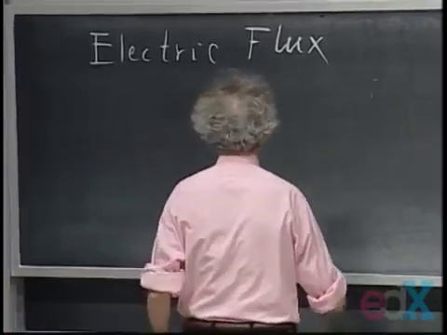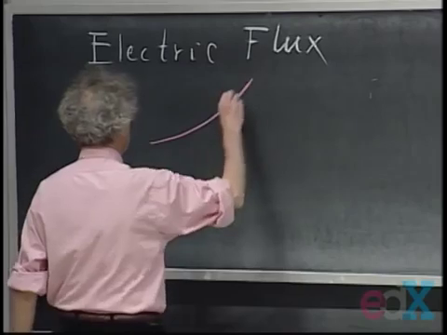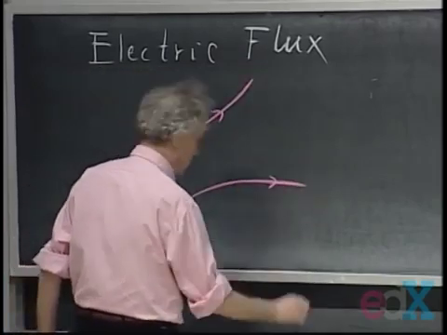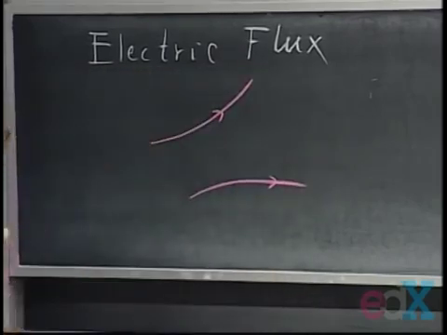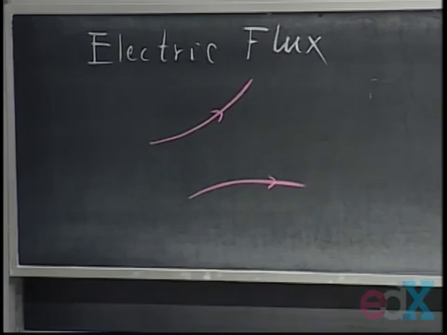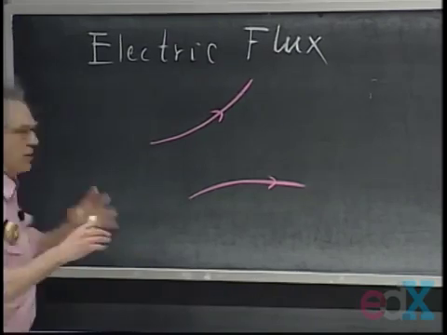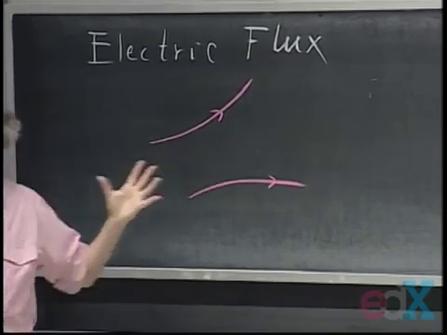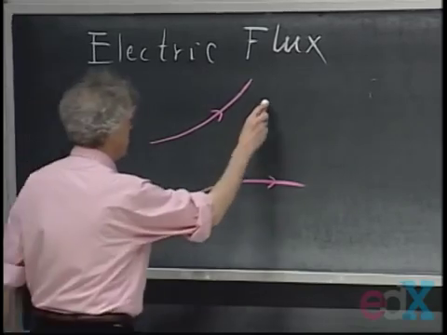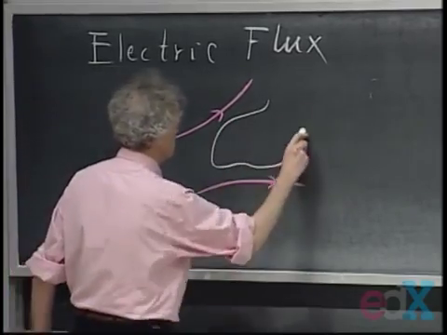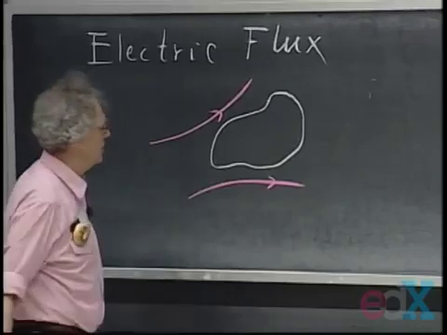Suppose I have an electric field, which is like so, and I bring into that electric field a surface, an open surface, like a handkerchief or a piece of paper. And so here it is, something like that.